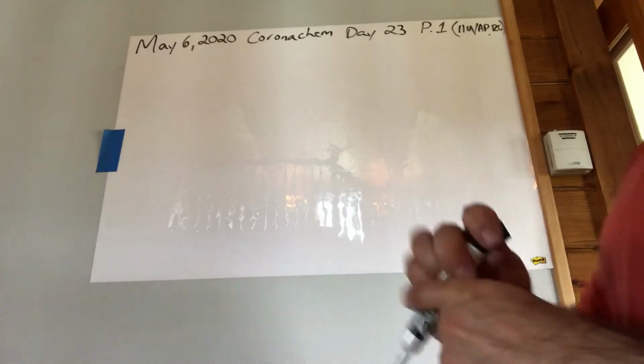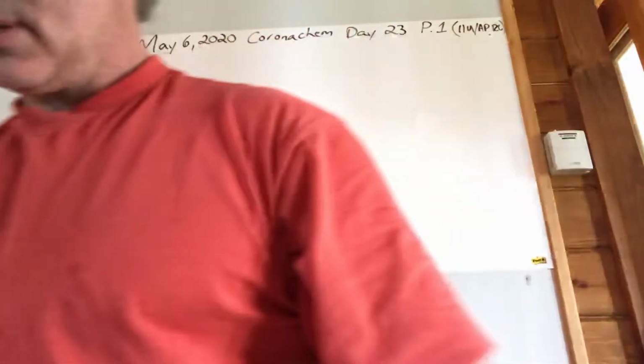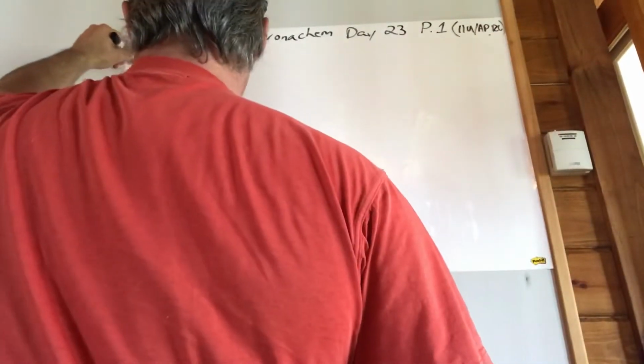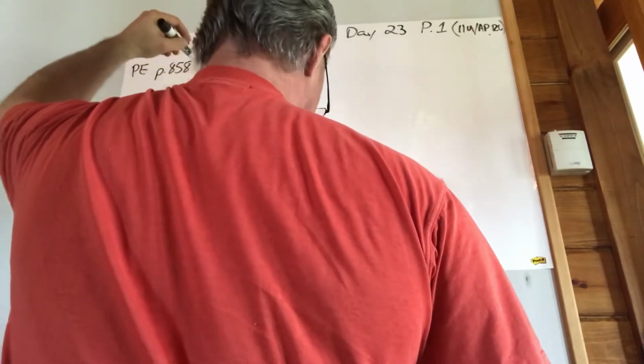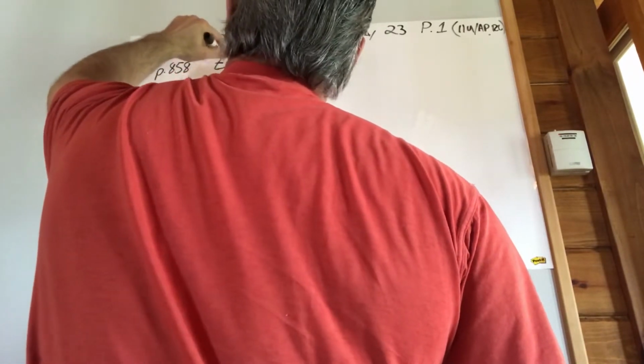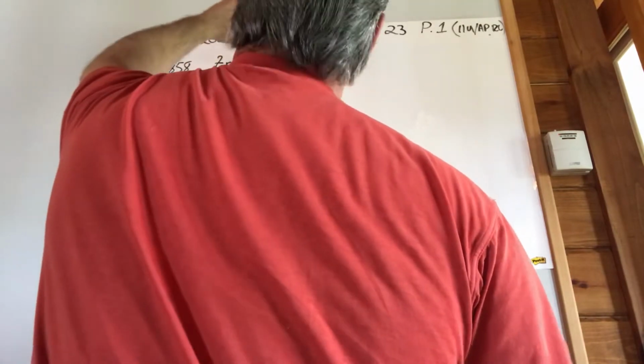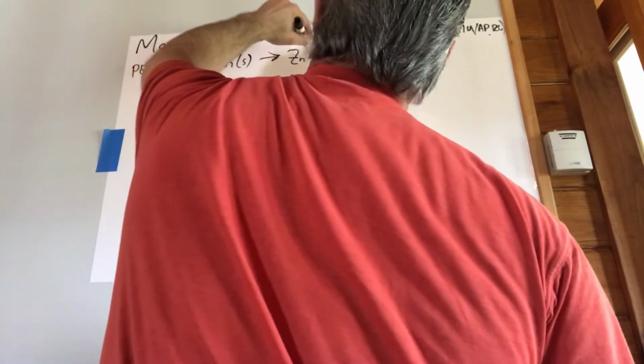Okay, so the practice example on page 858 is zinc solid turning into zinc 2 plus aqueous.